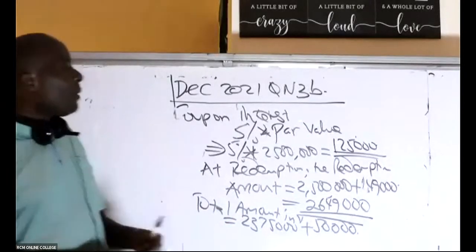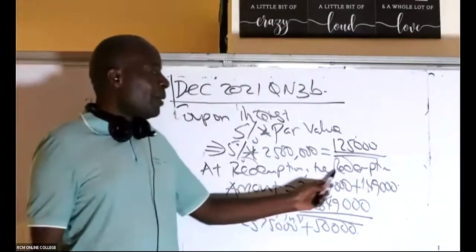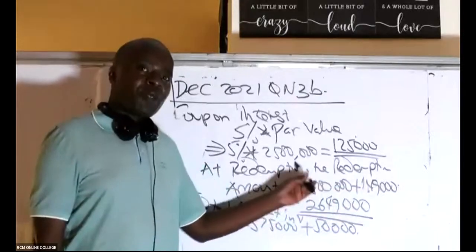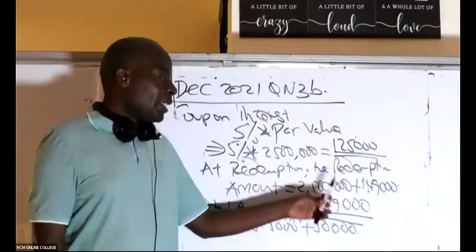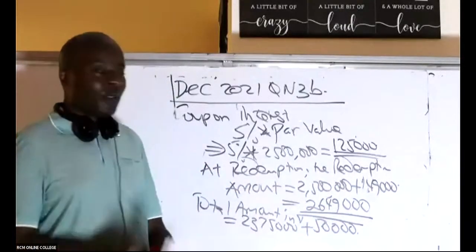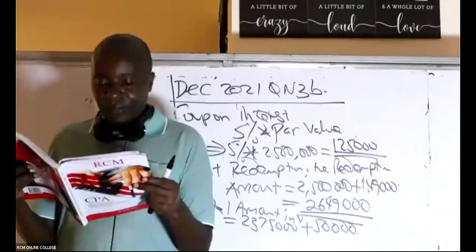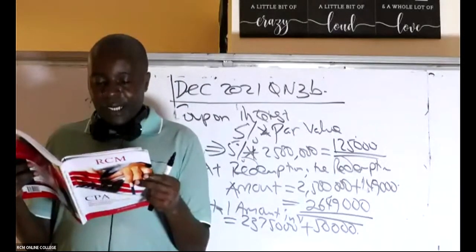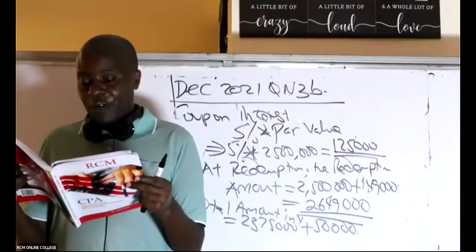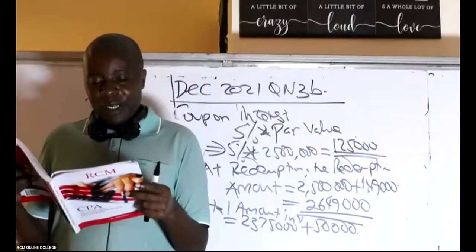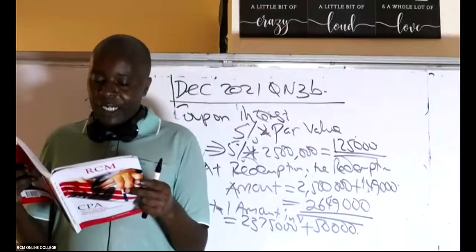So the redemption amount will be the par value plus the premium, which gives us 2,649,000. It will be redeemed on 1st July 2024. The effective interest rate on the bond is 8%.